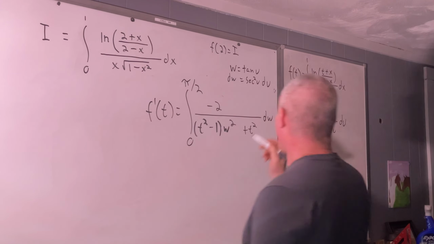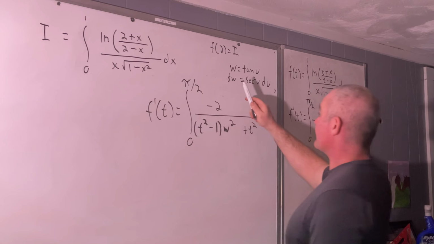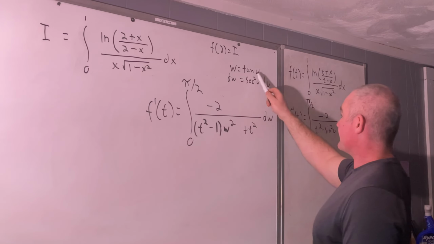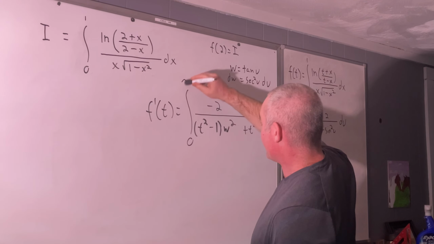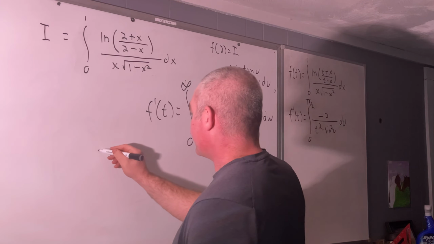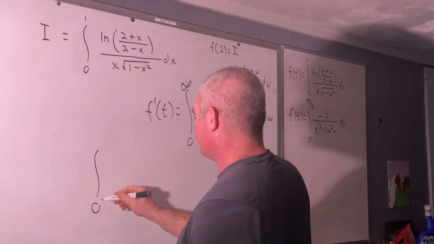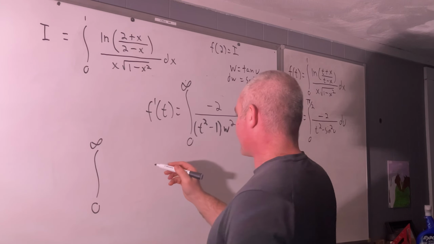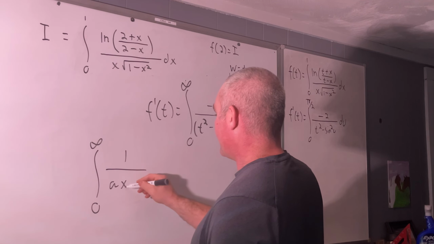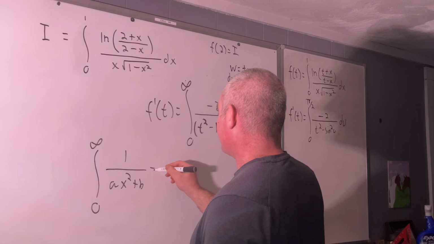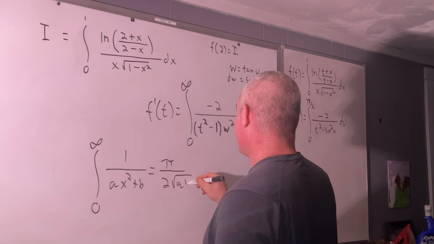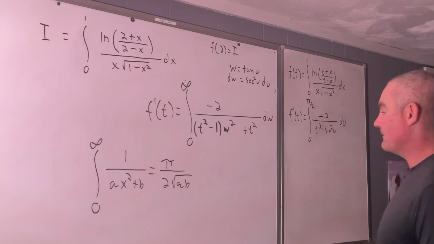So we have something in this form. Oh, I'm sorry, I forgot to change the bounds of integration. Tangent 0 is 0, so w is 0. Tangent pi over 2 is infinity. All right, we know that in general, under certain conditions, the integral from 0 to infinity of 1 over a x squared plus b is equal to pi over 2 times the square root of ab, as long as a times b is positive.